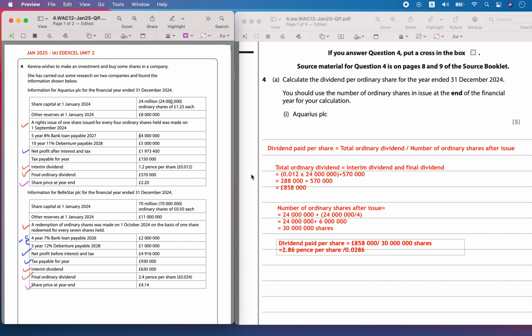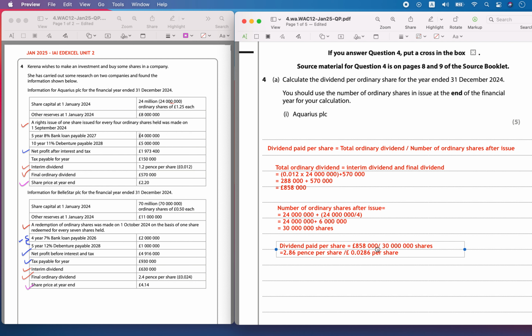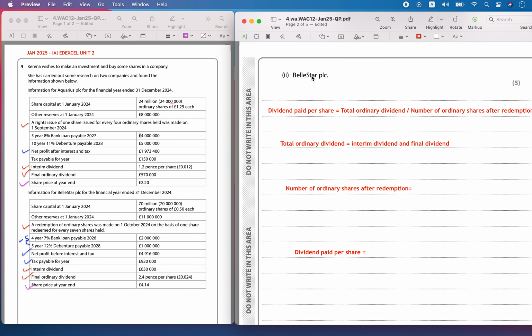You can write it in terms of pounds or in terms of pence. So this is the dividend per share given to the shareholders.